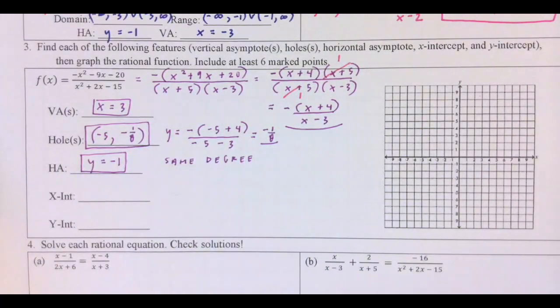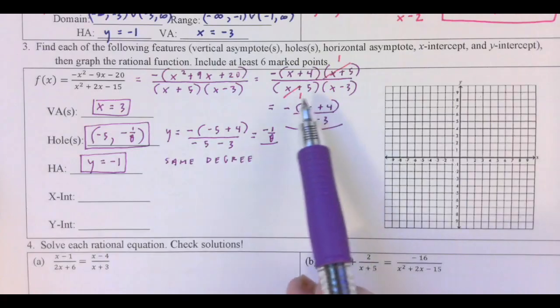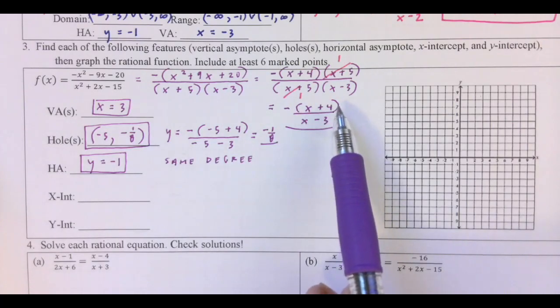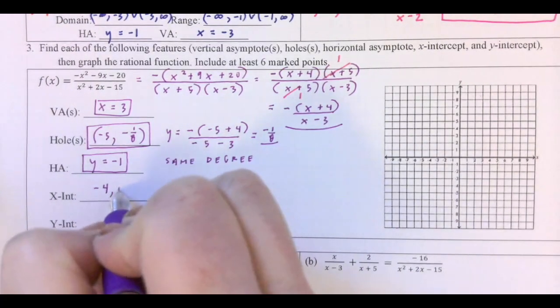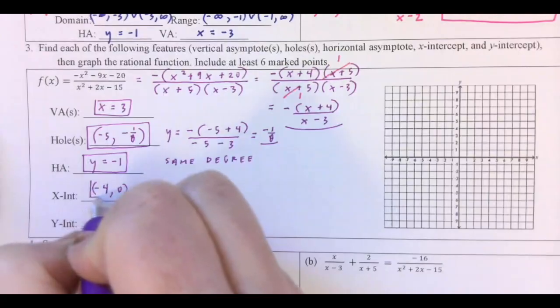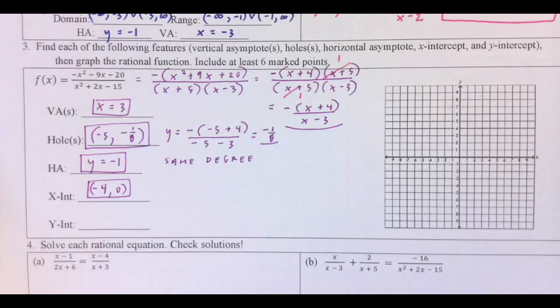All right, my x-intercept always comes from any factor that remained on top. So if I set this x plus 4 equal to 0 and solve, I get that x equals -4 when y is 0. Okay, my y-intercept, that's when x is 0.